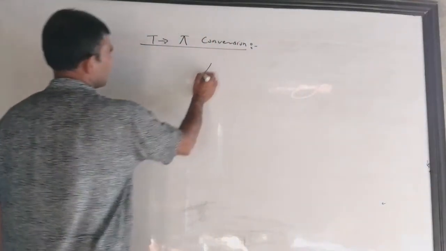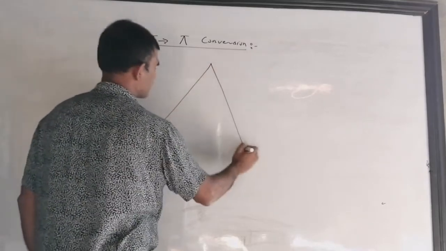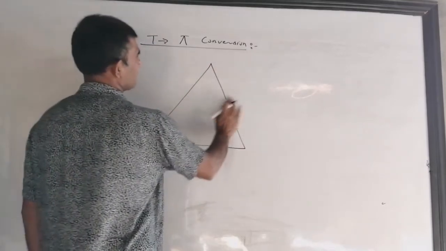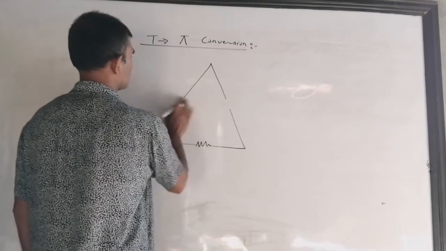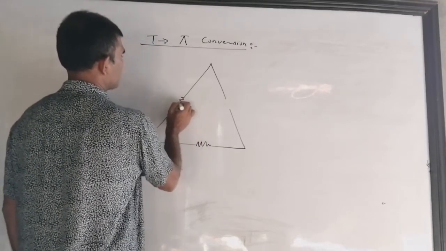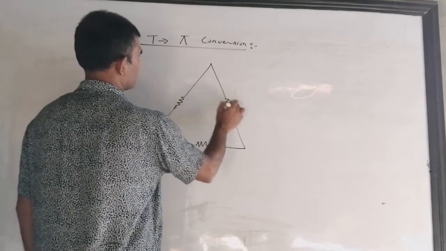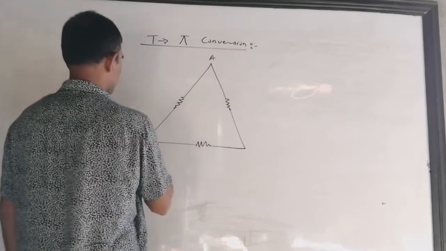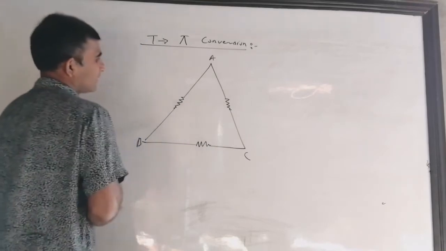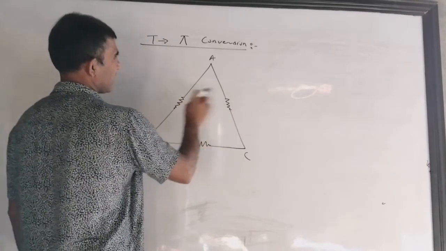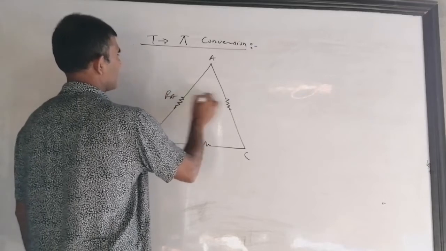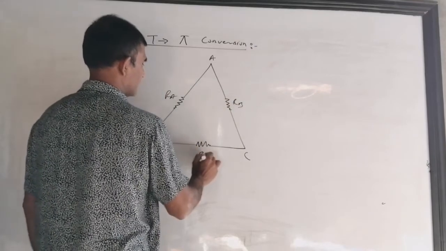It is very easy, so I am telling you this easily. Let me make one triangle. And suppose these branches are made with resistances in this triangle. Are you understanding? This is A, B, C. Now, if you find these three resistances, let me name them RA, RB, and RC.